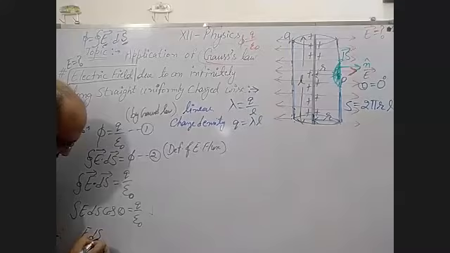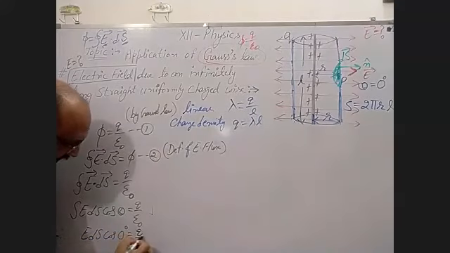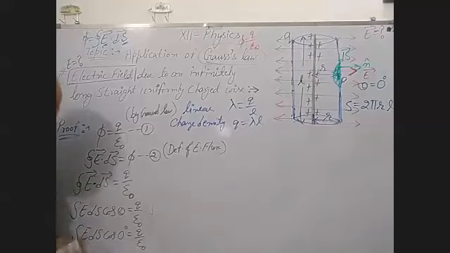The surface integral of E ds cos 0 degree equals Q by epsilon. Now, further solving, cos 0 is 1, so the integral of E ds equals Q by epsilon.